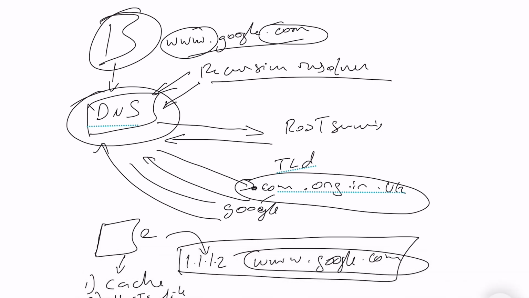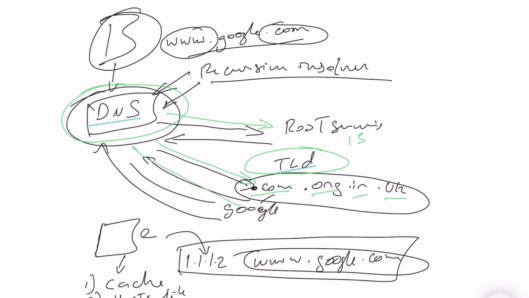That means your local DNS server, the exact next DNS server, will make a lot of queries. It will start from the root servers. There are around 13 or 14 root servers, I believe, on the internet, which have the top level domain records of all the DNS servers of .com, .org, .in, .uk, etc. From the root servers, the DNS server knows the address of the TLD, top level domain servers.